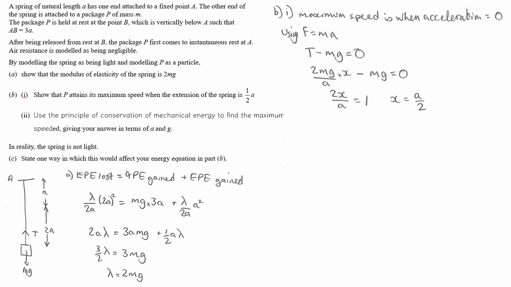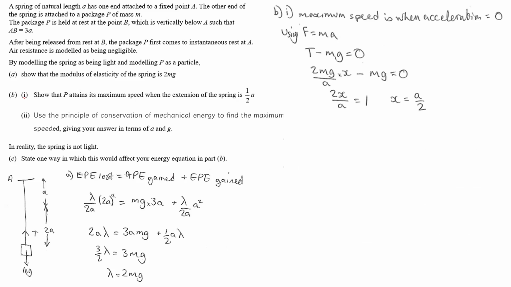So I've said the maximum speed is when the acceleration is 0. Using F equals ma, the driving force is the T, and the resistive force is the weight, and at the point of maximum speed, the acceleration goes to 0.